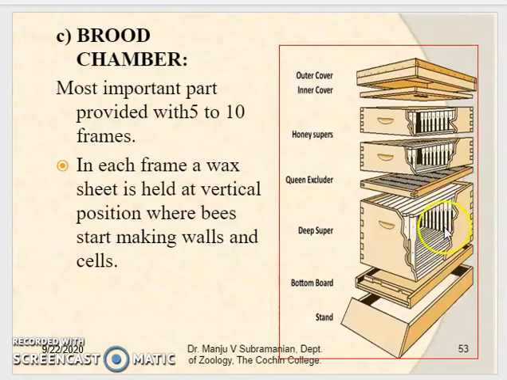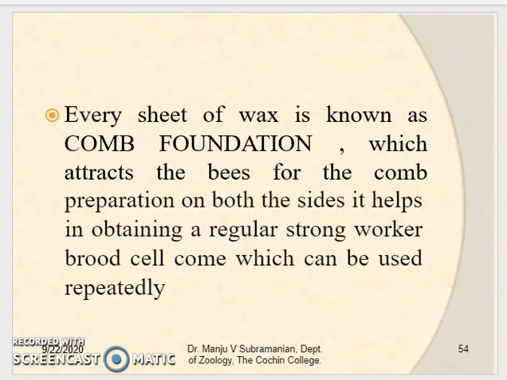Here you can see small bars, and these are the frames on which the bees make the walls and the cells. Every sheet of wax is known as a comb foundation. So we are just providing the bees with a comb foundation which attracts the bees for comb preparation on both sides, and it helps in obtaining a regular strong worker brood cell comb which can be used repeatedly.